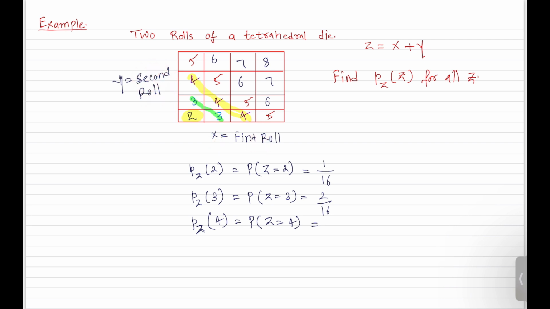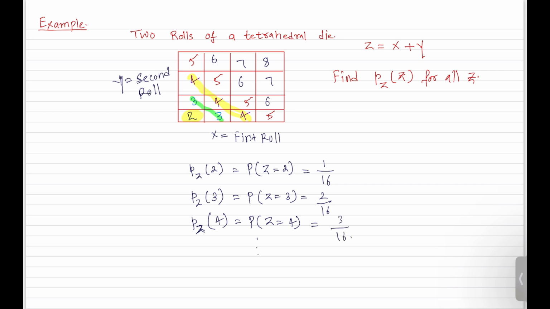Maybe on the first roll you will get 2 and on the second roll 2, or first roll 3 and second roll 1. So these are the possible outcomes favoring our event where random variable z takes the value 4, right? So 3 out of 16.